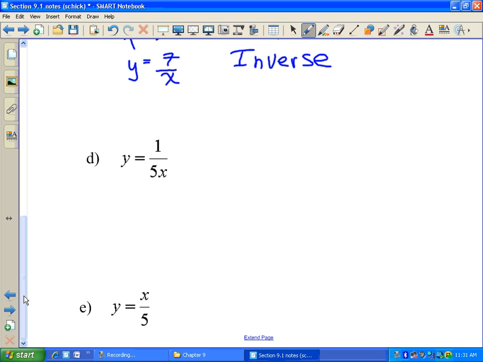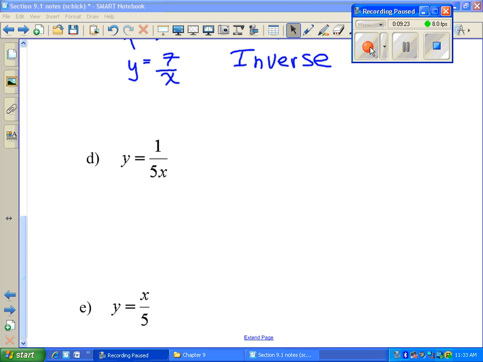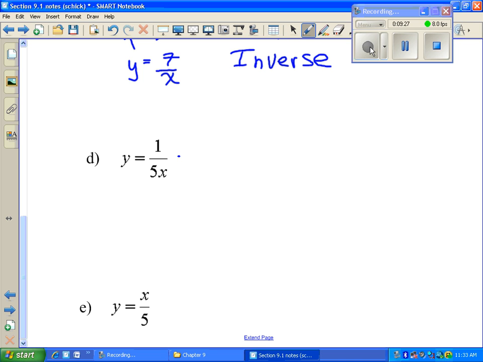Letter D, y equals 1 divided by 5x. This particular problem, hold the phone. Well, this is kind of a bizarre type of thing to see, but I could always write my 1/5 as a decimal, 0.2.